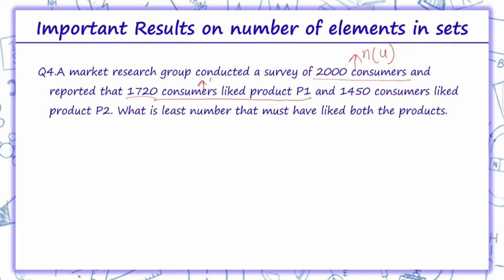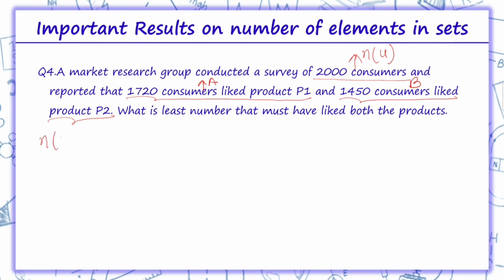That means this is set A, who like the product P1, and 1450 consumers like product P2, that is B. So B is the set of the consumers who like the product P2.